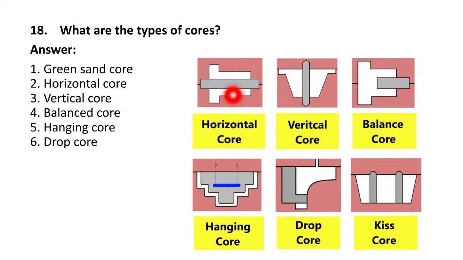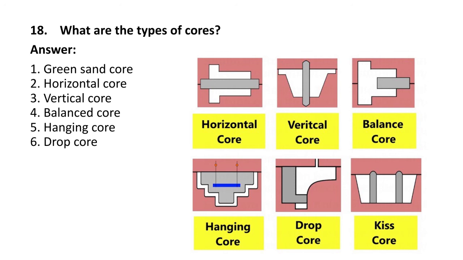The first one is horizontal core. Here you can see the core is placed in a horizontal location. Then the vertical core, here you can see the core is in vertical position. Then this is a type of balance core. Then the hanging core, here you can see the core is hanged. Then the drop core and the kiss core.